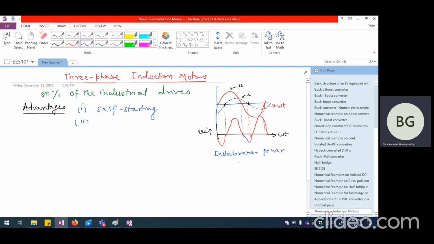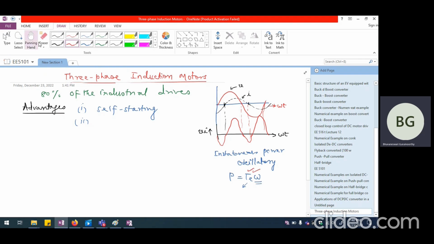So if the instantaneous power is oscillatory, then we can say the power, which is a product of torque and omega, the torque is going to be oscillatory because the speed will vary only as per the inertia. If the inertia of the drive is fairly large, the speed will not have as many oscillations like the power has. So you are going to see the oscillations generally in the torque.